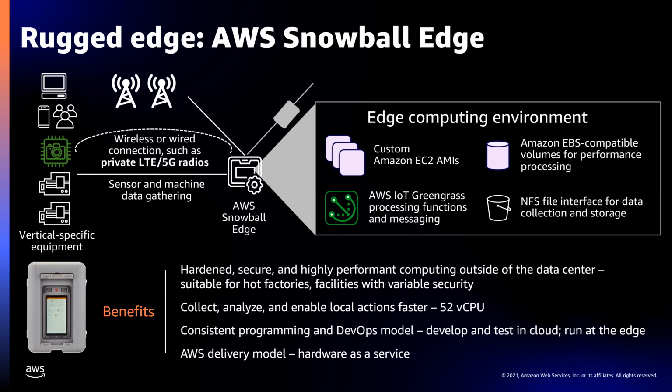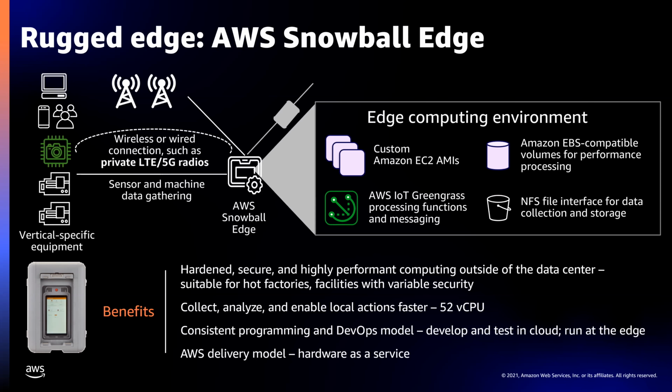These are hardened, secure, highly performant compute devices that live typically in the data center or outside it, in places like factory floors or remote sites. They come with up to, I believe, 120 terabytes of storage, over 50 virtual CPUs, and over 208 gigabytes of RAM. Optionally, you can also order one with GPUs, so if you have HPC intensive applications, you can take advantage of that GPU processing.